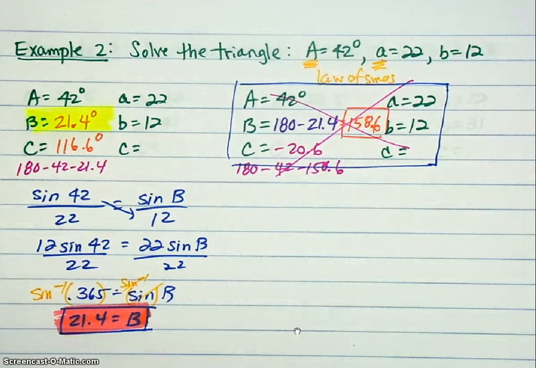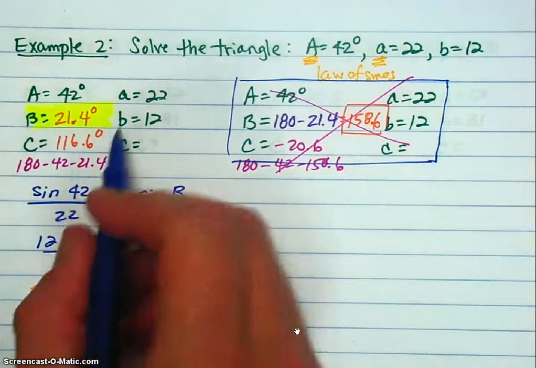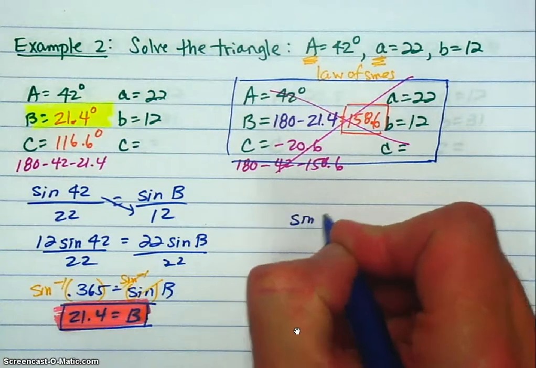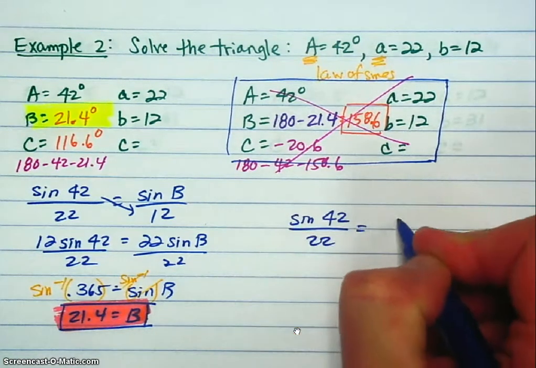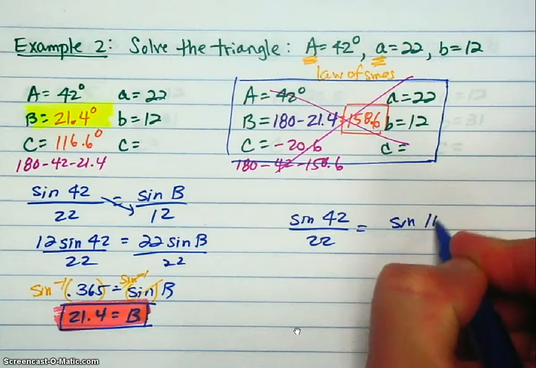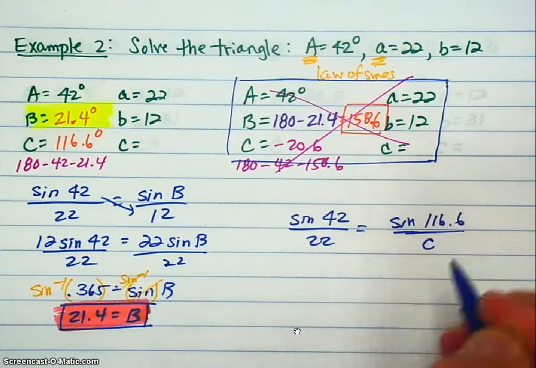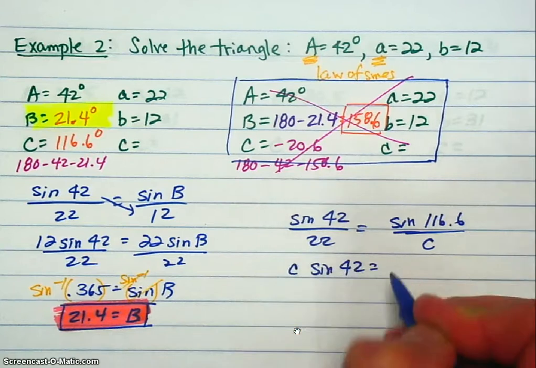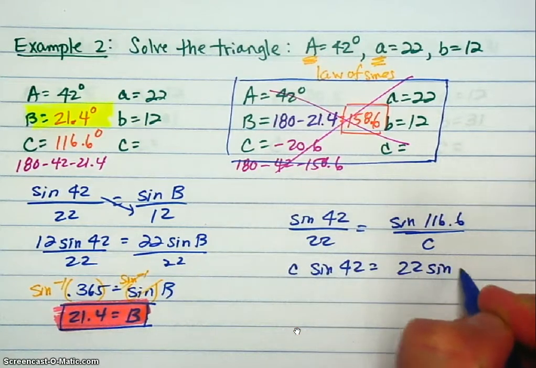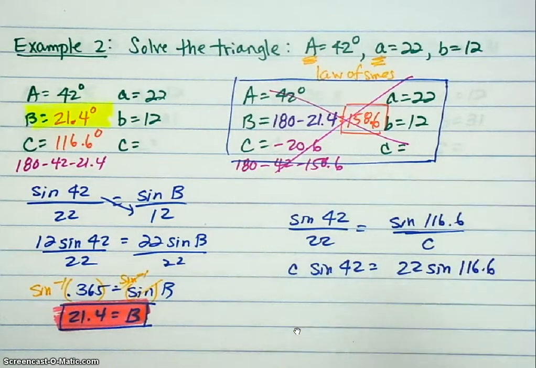So I'm just going to come back over here now and solve for C, the same thing we did previously. Sine of 42 over 22 equals the sine of 116.6 over C. Cross multiply. C sine of 42 equals 22 sine 116.6.